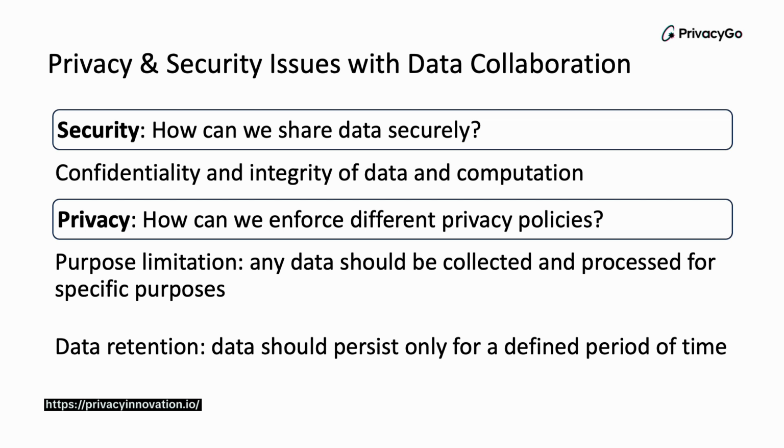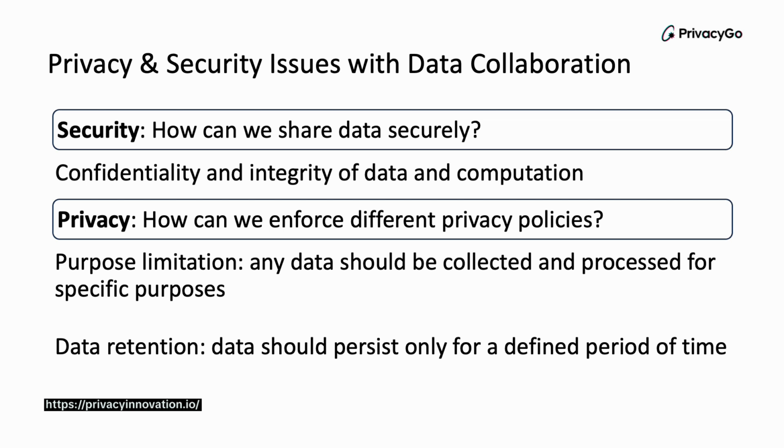There are two main issues of data collaboration: security and privacy. No matter what data they are sharing, the confidentiality and integrity of data and the computation needs to be protected. But it is not only a requirement when the data is privacy sensitive.